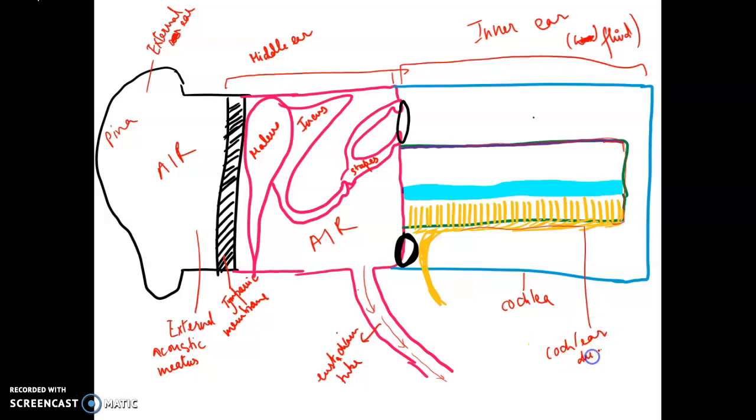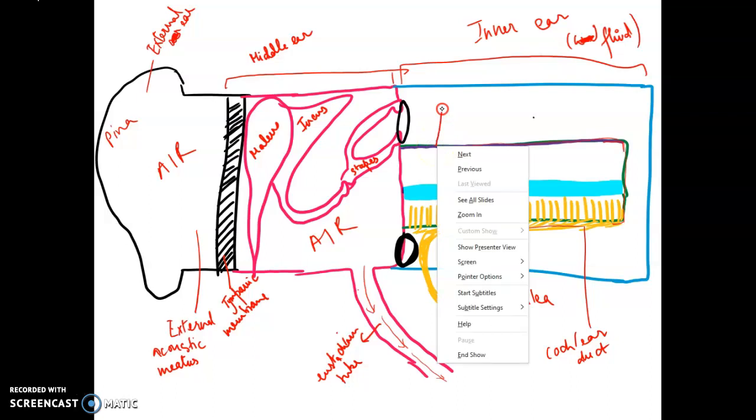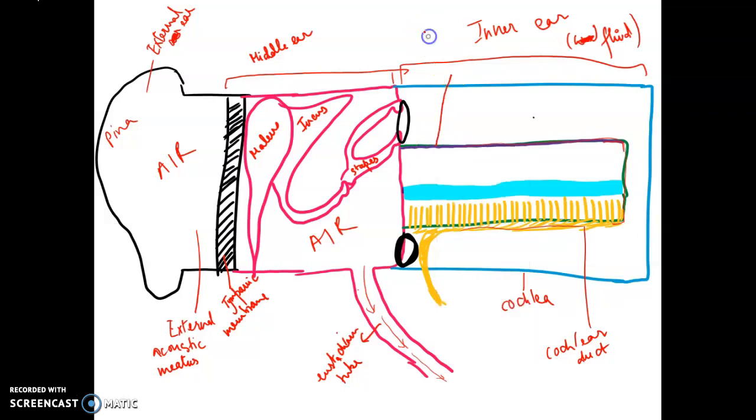If you look at the cochlear duct, the top part is lined by a membrane, and this is called the vestibular membrane. I have drawn it out with purple. And the bottom, do you see the green membrane? That's called the basilar membrane.